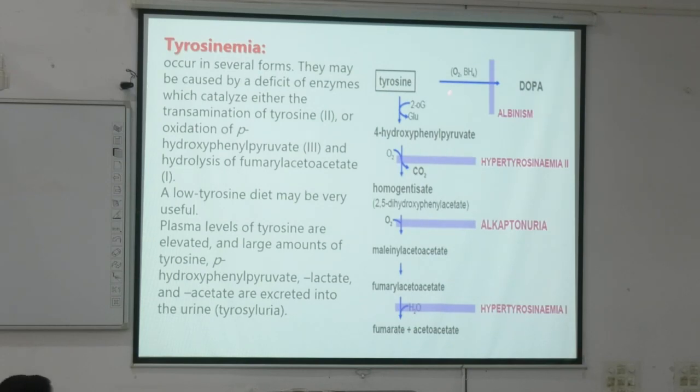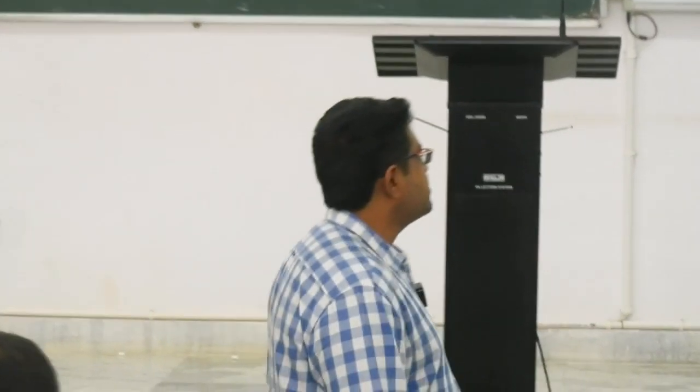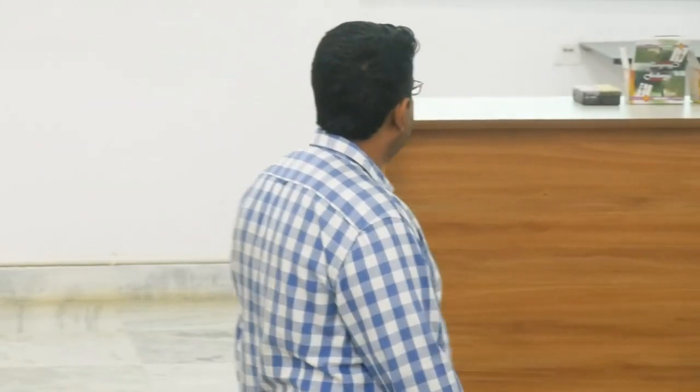Then you have got type 2, that is 4-hydroxyphenylpyruvate to homogentisate, and that is hydroxyphenylpyruvate dioxygenase. That is your tyrosinemia type 2, and type 1 is again tyrosinase deficiency. So these are your three tyrosinemias.